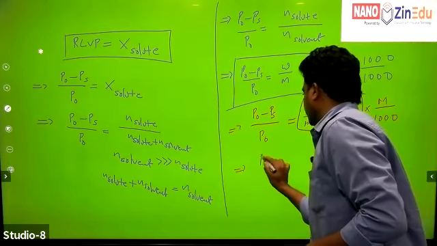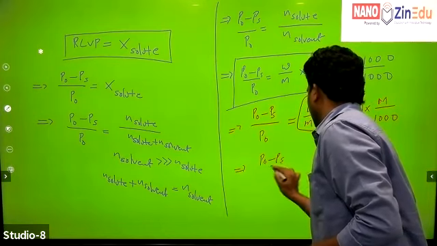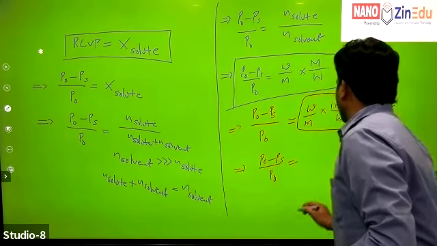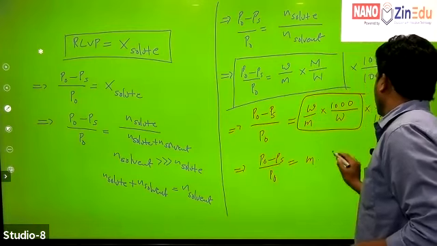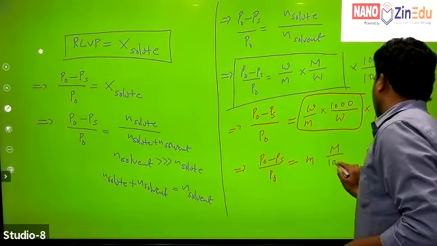Therefore, P0 minus PS by P0 is equal to molality into molecular weight of solvent by 1000.